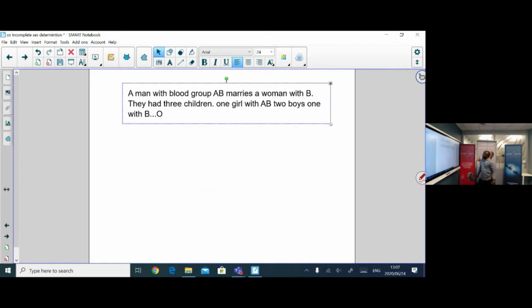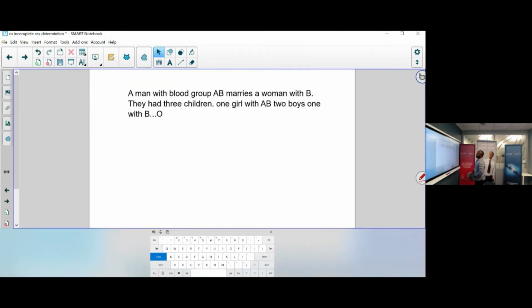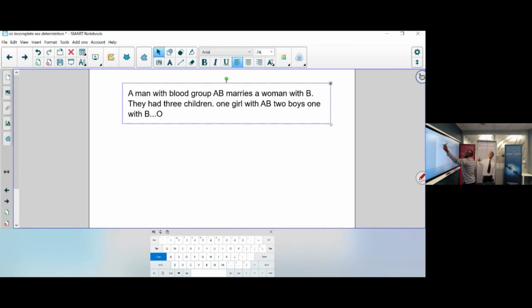A man with blood group AB marries a woman with blood group B. They had 3 children.